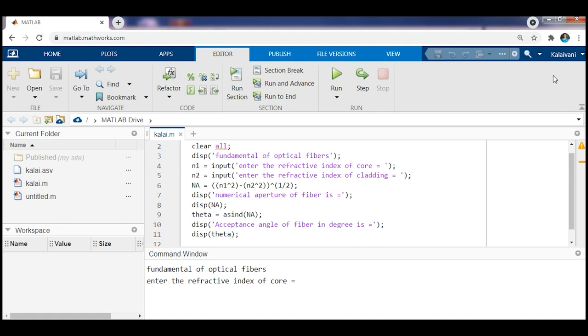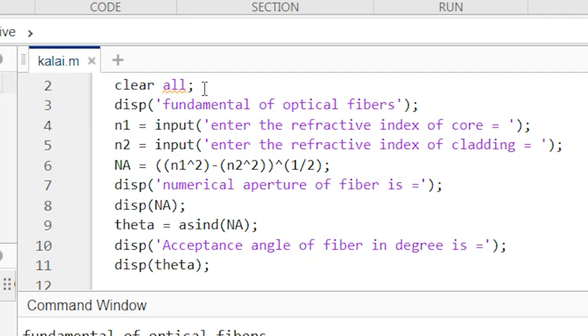So this is the Matlab coding in order to find the numerical aperture and acceptance angle of a fiber. The first command is clear all, which clears all the already existing variables. Then display fundamental of optical fibers, which gives the heading, and the first input is enter the refractive index of core, that is n1.